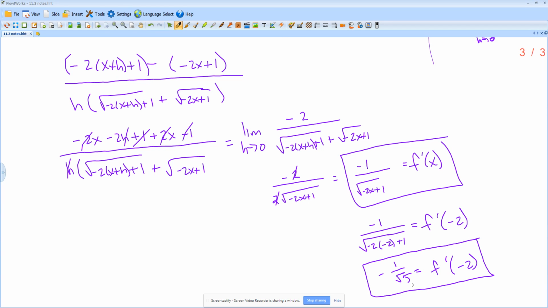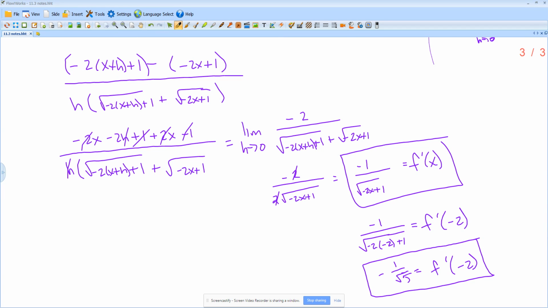That's not rationalized, but you're grown-ups, so I'm going to trust you to just leave it like this and sort of blindly accept that. At this point, you're doing so much work. Let's not worry about the rationalization. Let's just worry about doing all of this other crazy monstrosity. So this tells me that the slope at negative 2 is negative 1 over root 5, whatever that comes out to.